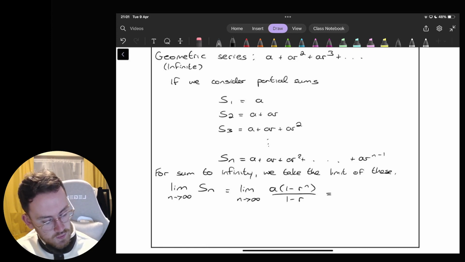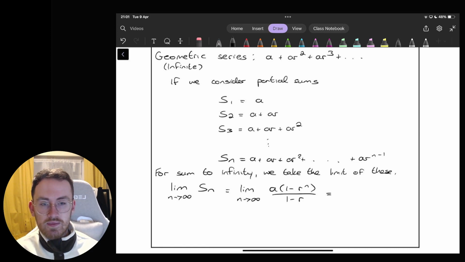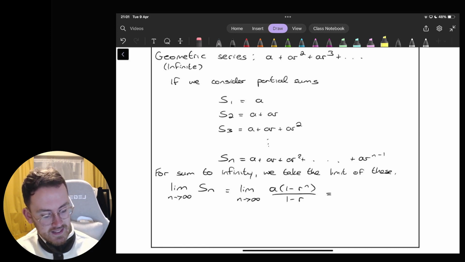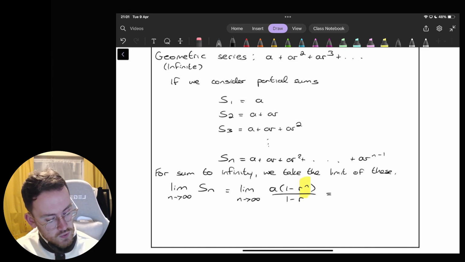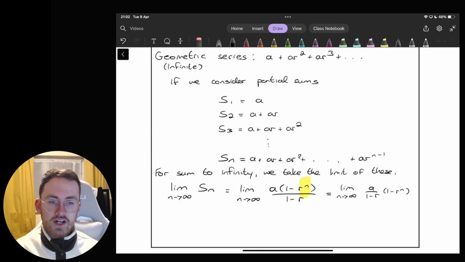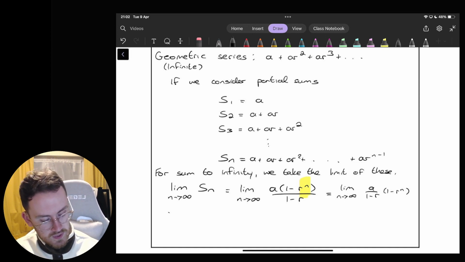So let's see what we can do here. Can we do some sort of manipulation? We really want to isolate the part that has n here, because anything outside of that is not going to be impacted by our limit. So in order to do that, we're going to make a subtle shift and take this top multiplication off the fraction, still the same meaning, so that we can then bring that entirely outside of the limit.